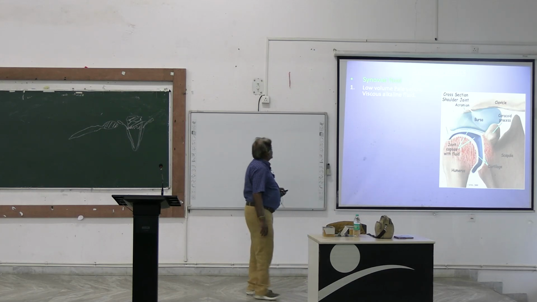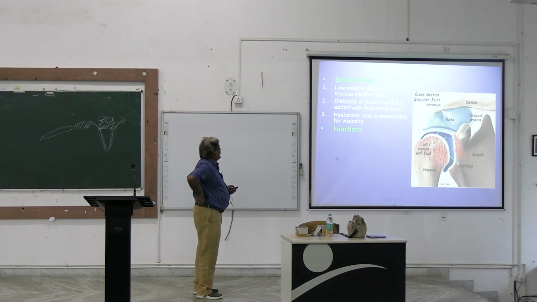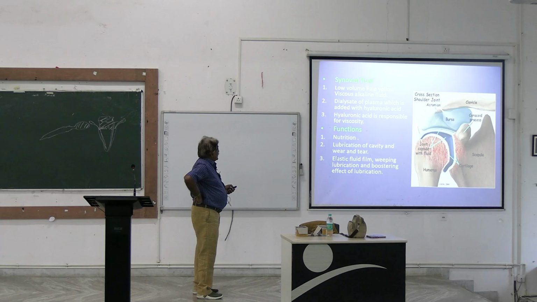Now, synovial fluid: low volume, pale yellow, viscous, alkaline. A dialysate of plasma, which is added with hyaluronic acid. Hyaluronic acid is responsible for viscosity. Functions: nutrition, lubrication of cavity and wear and tear, elastic fluid film, weeping lubrication and boosting effect of lubrication.